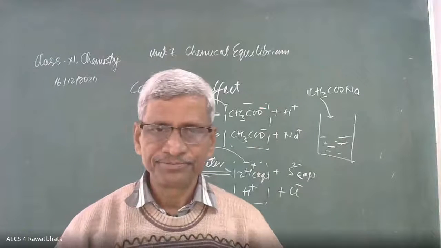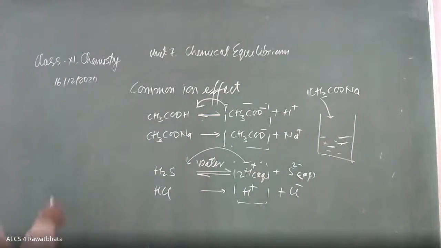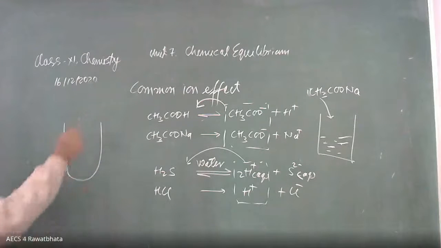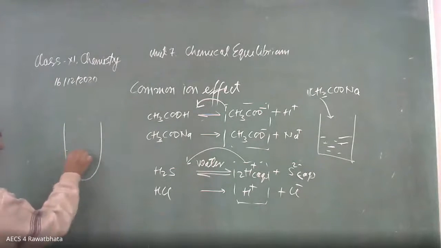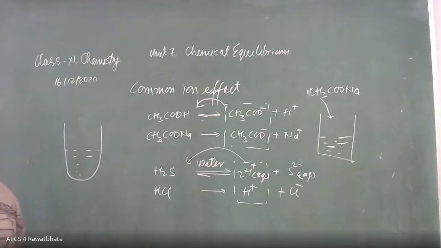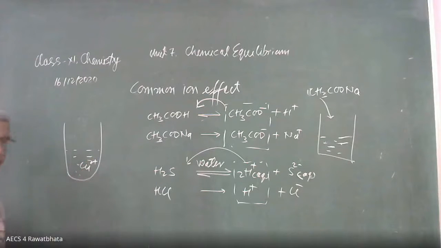Okay, better? Actually, what is the experiment here? Let me take that also. Here is the test tube, big test tube. This H2S is a group reagent of the second group of the cation, where copper is the cation. This is the aqueous solution of copper ion.